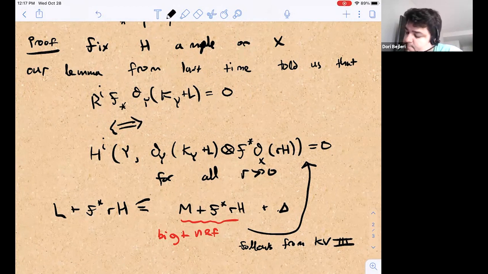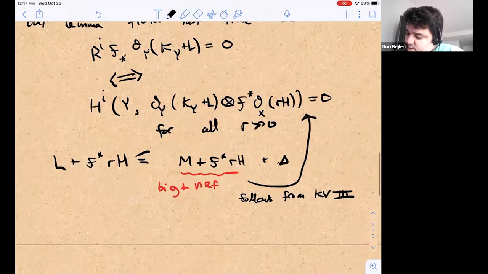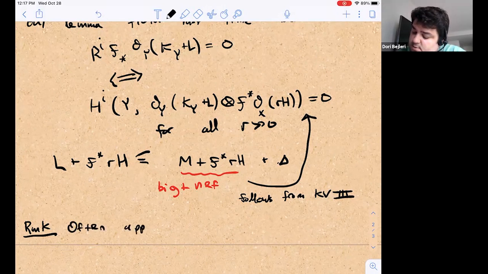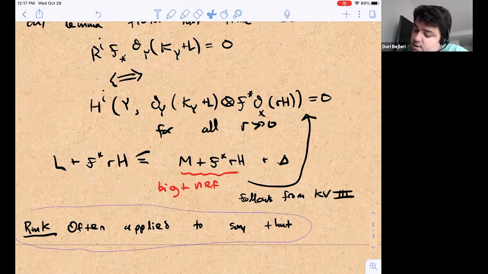Okay. And I should remark maybe the classical version of Grauert-Riemenschneider vanishing, which follows from this more general version, is often applied to say that the push forwards of the canonical sheaf are 0.